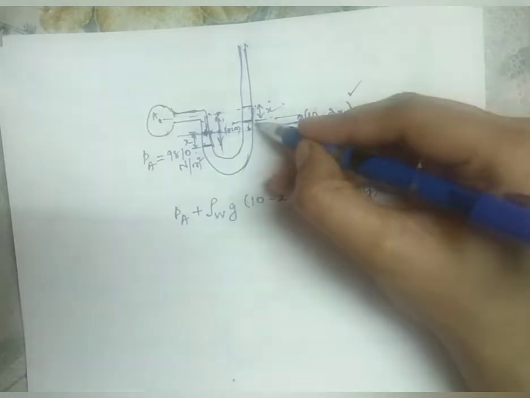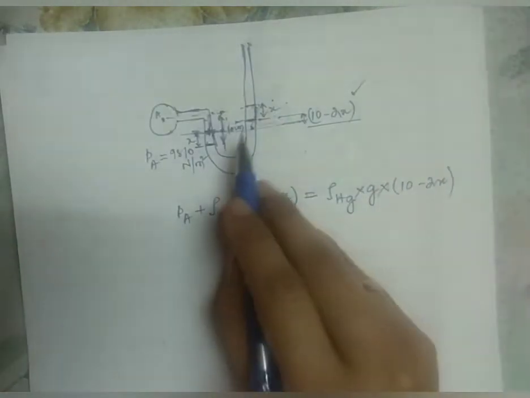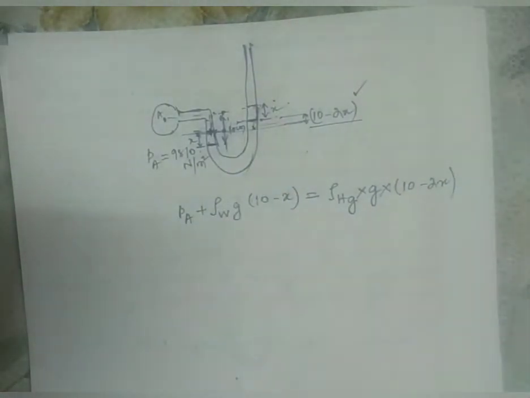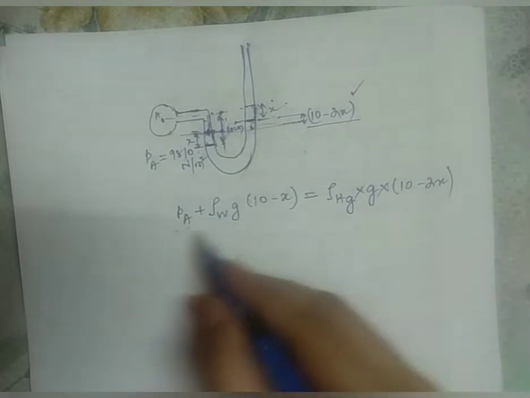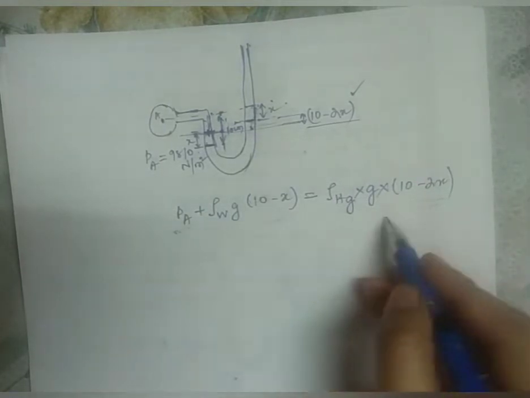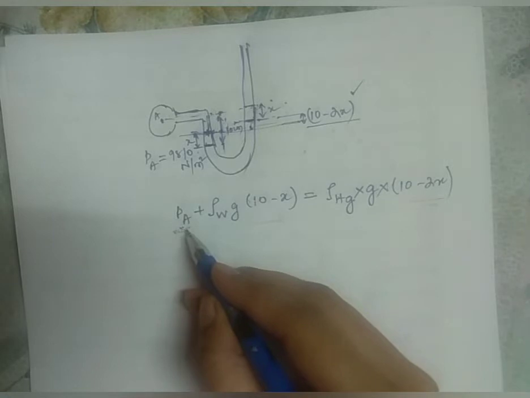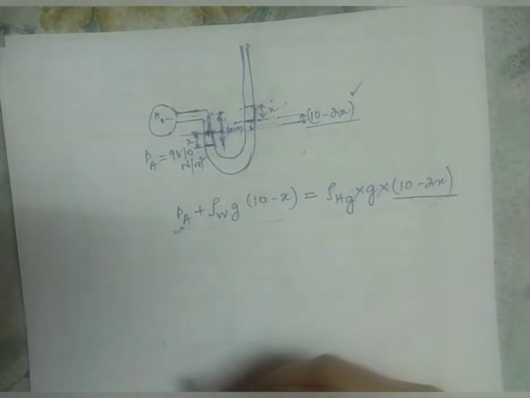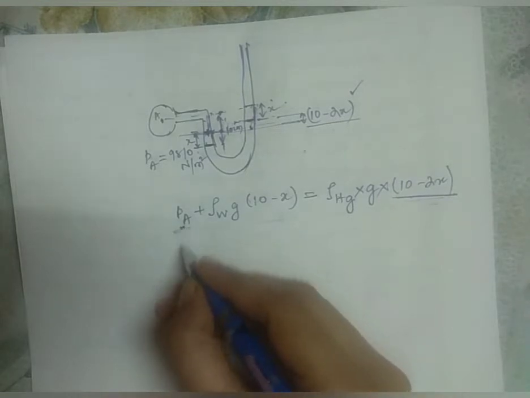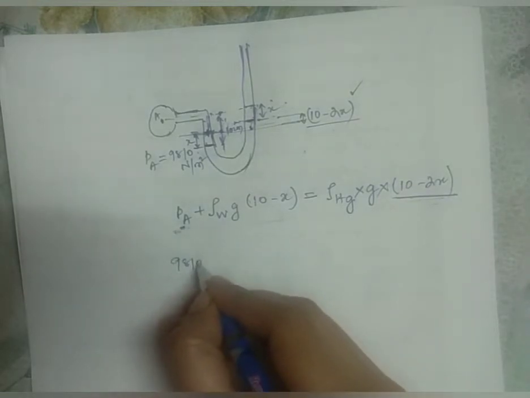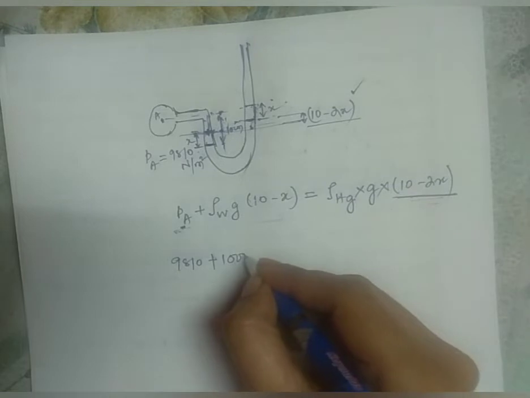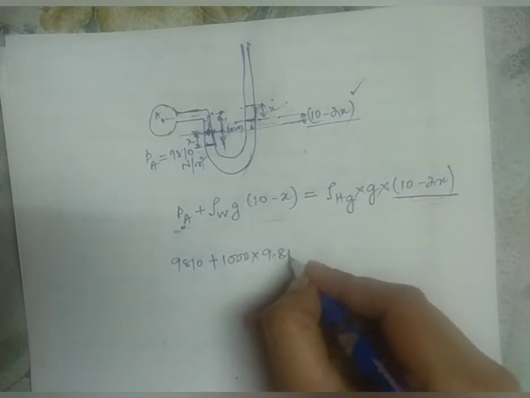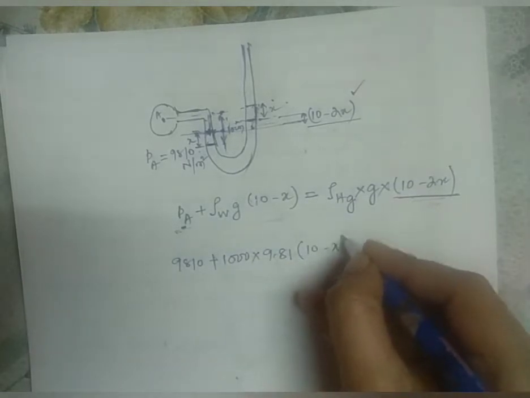We have already found out this is the level difference. So from this equation you can find out the new level difference, 10 minus 2x. Here you already know PA, 9810, plus rho W, which is 1000, into 9.81 into 10 minus x.